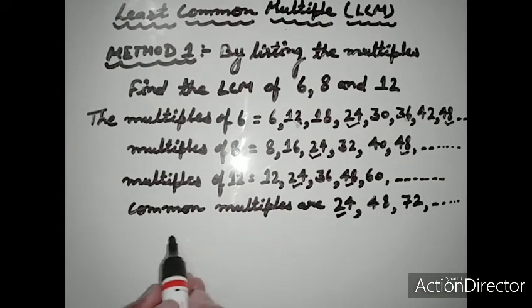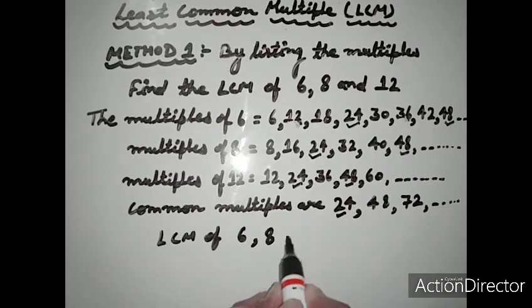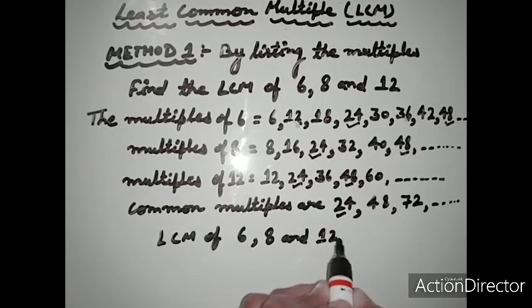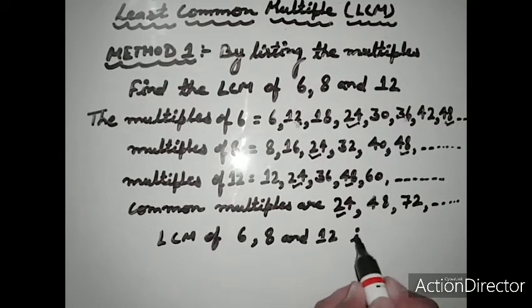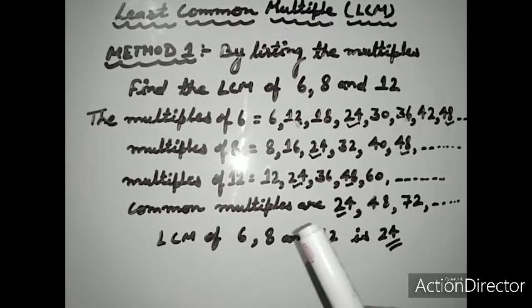So we say that LCM of 6, 8 and 12 is 24, right? Here we used the first method, by listing the multiples. You can also find the LCM of different numbers by using this method.